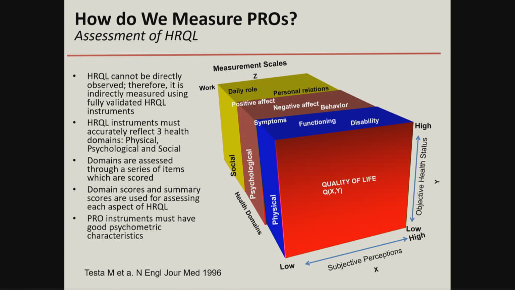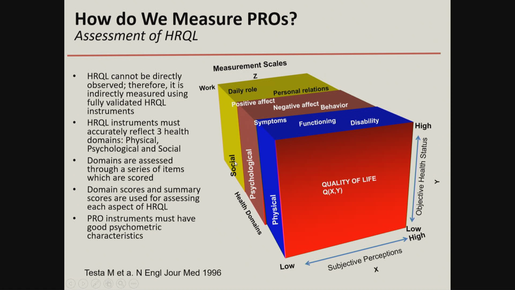Now, you can't really directly see PROs or measure them, so you have to measure them indirectly using a number of instruments or questionnaires. So an example here is health-related quality of life. You measure different aspects of health-related quality of life related to different domains: social domain, psychological domain, and physical domain. And each domain is measured through a number of items or questions.